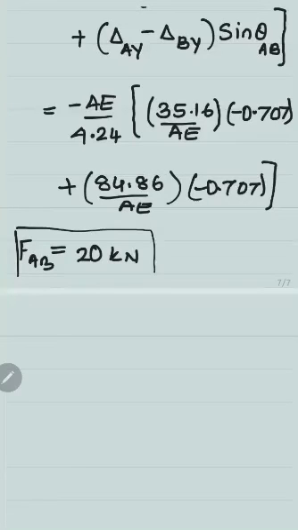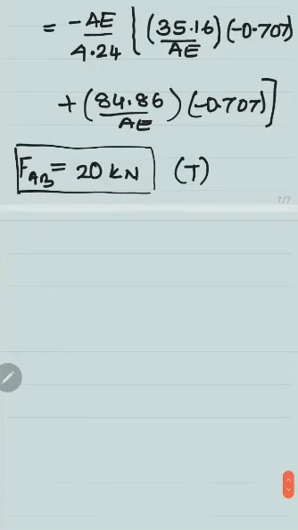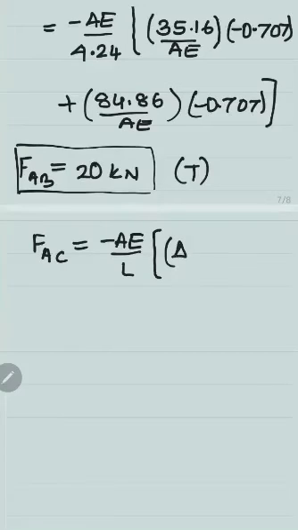If you calculate this, you will get FAB equal to 20 kilonewton, which is positive. Now for the other two members, FAC is minus AE by L. L for member AC, I'll just write the formula: minus AE by L into bracket delta AX minus delta CX into cos of theta AC, right?